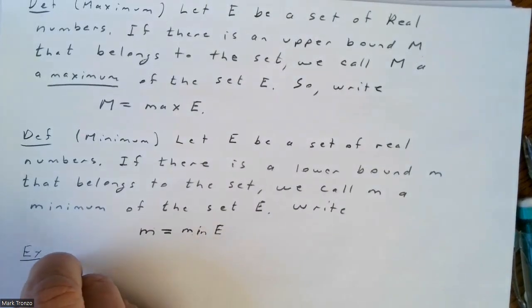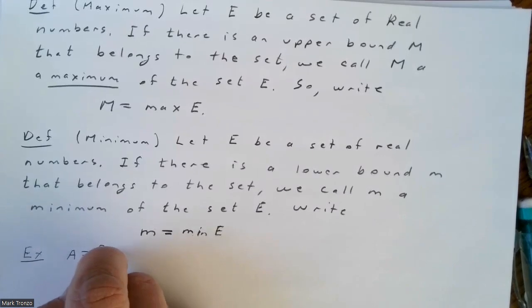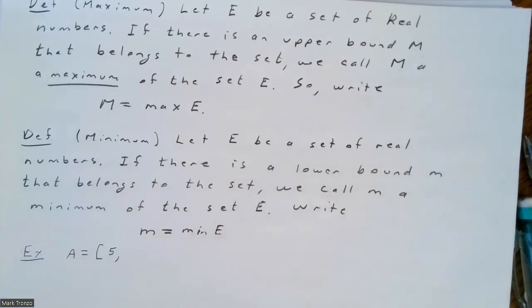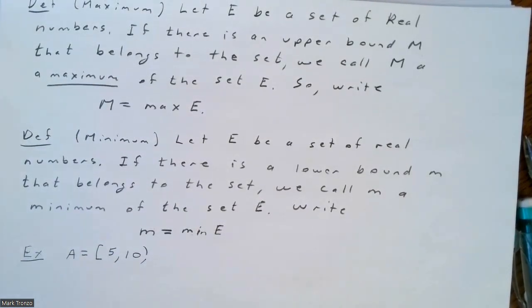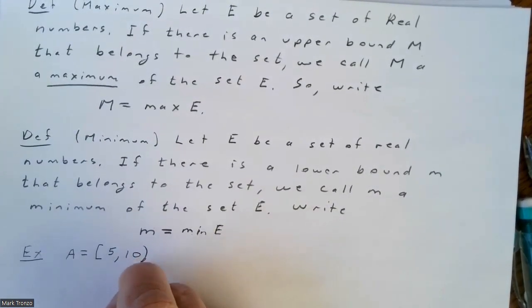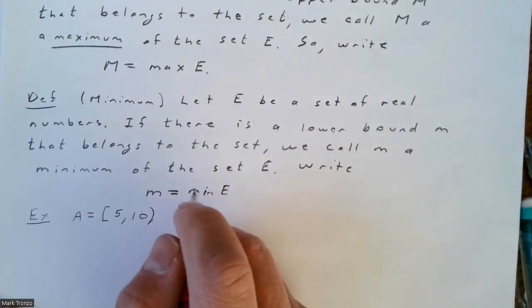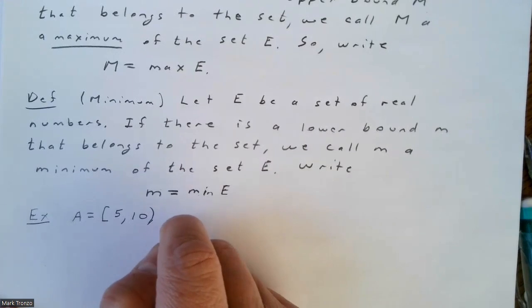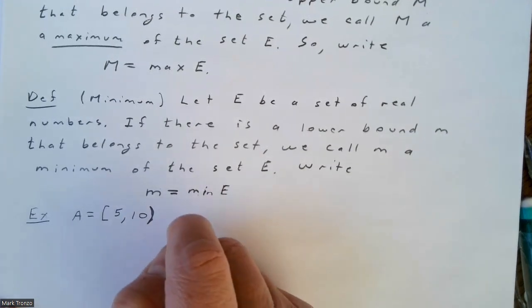A was defined by the interval 5 to 10. Again, we have the parentheses here, so 10's not included.